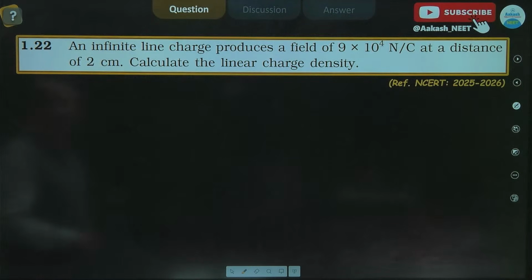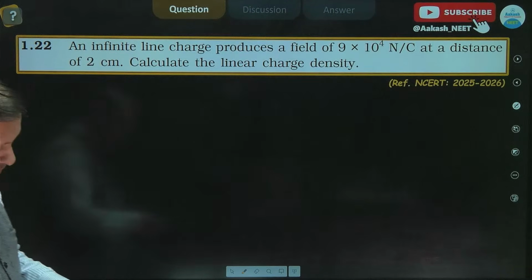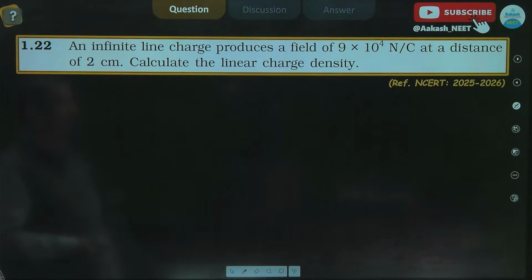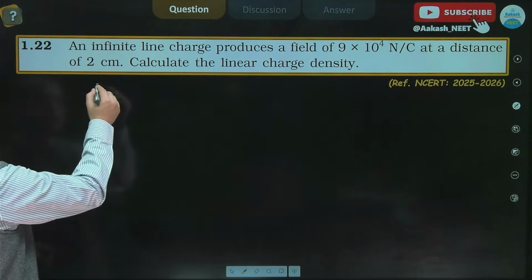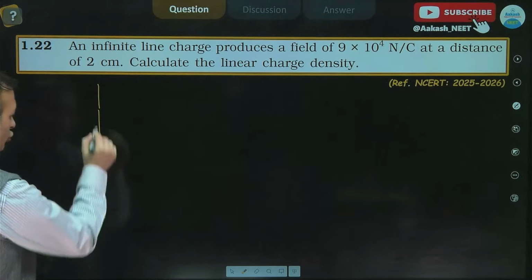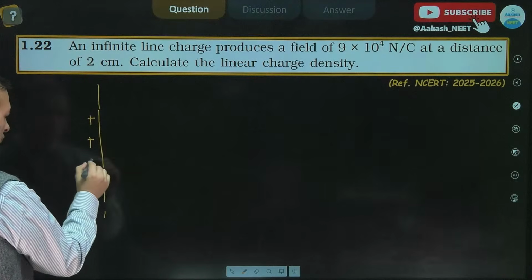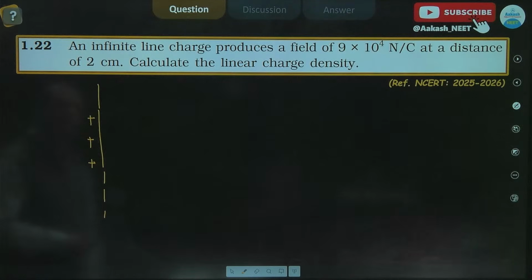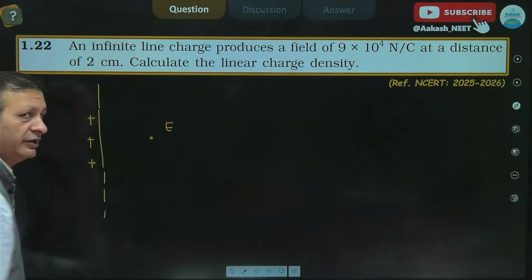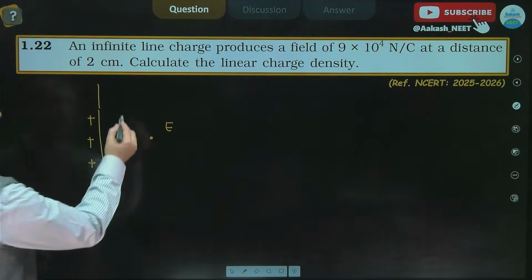An infinite line charge produces a field at a distance of 2 centimeter. Calculate the linear charge density. So this is one of the applications of your Gauss's law. You have an infinite line charge, got it? And if electric field at this point, we are supposed to find it out. What is the process?